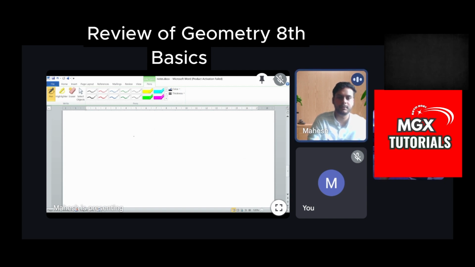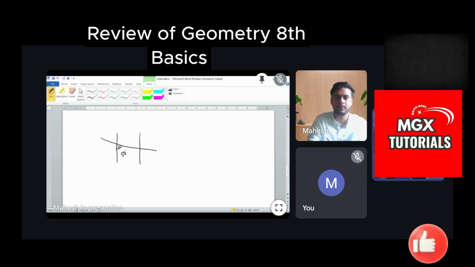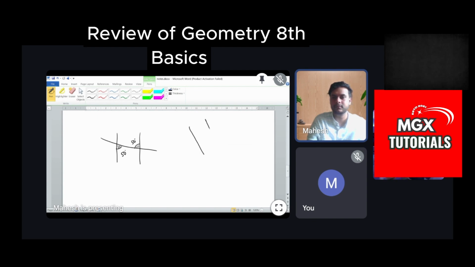One more last example. Now think lines are like this, and this is the line. If I draw 50 degrees here, where will the other angle be? Getting it? You need to understand. The parallel lines' shape can change, but you should always understand that a Z shape will form.